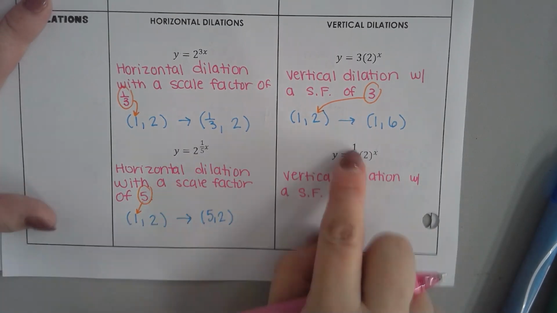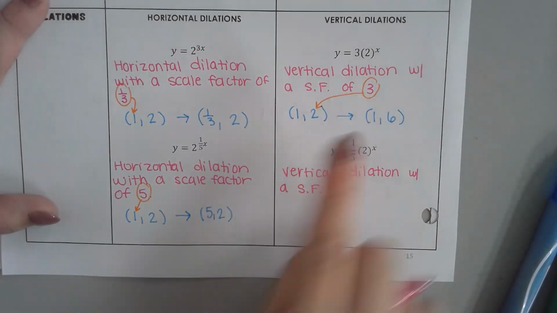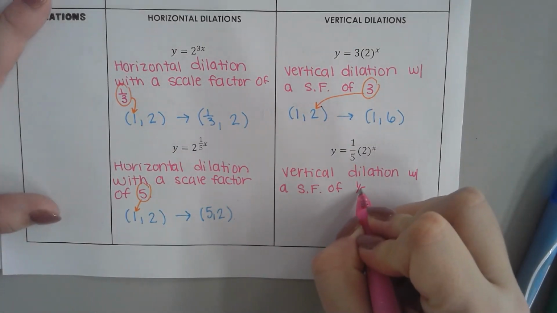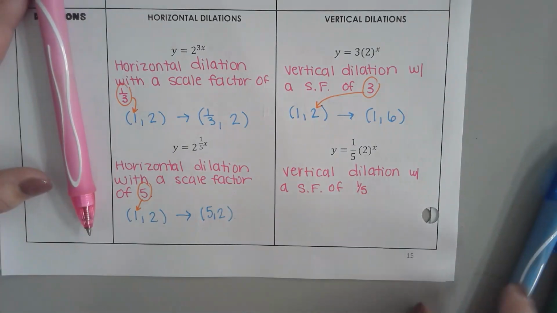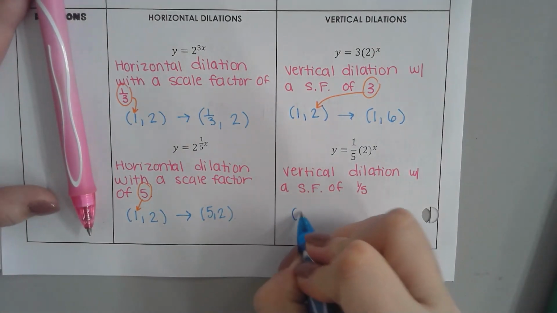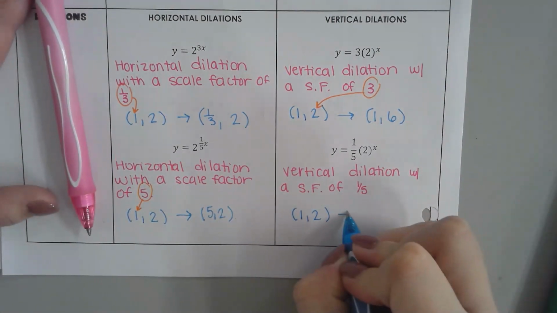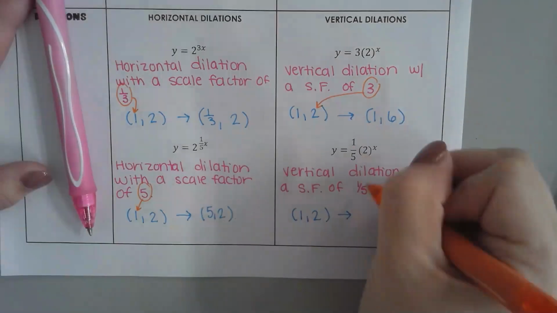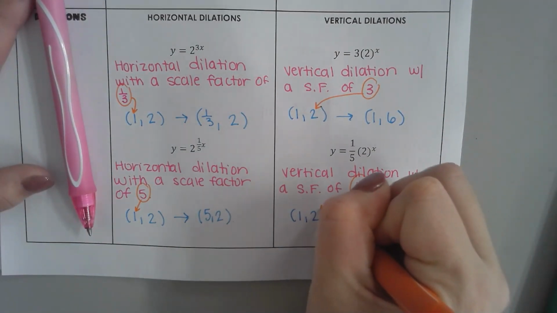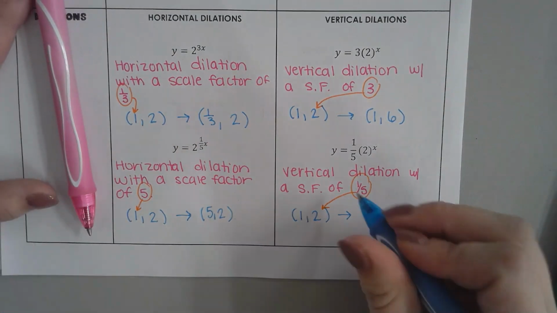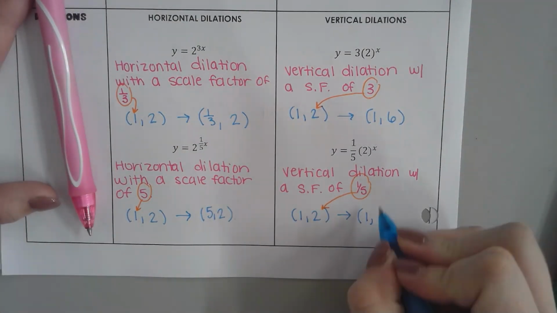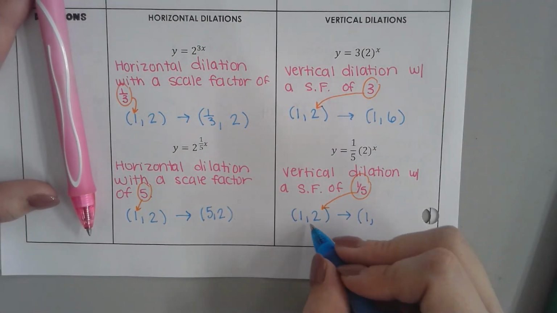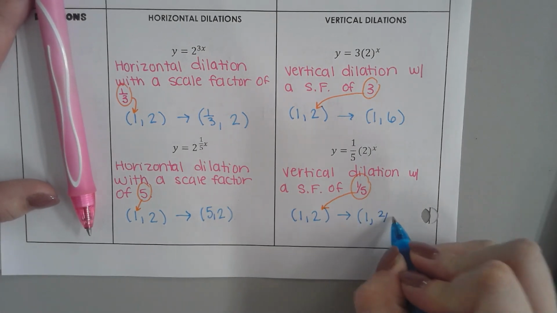On the verticals, you don't change it, just the horizontal. So 1/5. So the point 1, 2, we're going to multiply the 1/5 by the y. So 1/5 times 2 becomes 2/5.